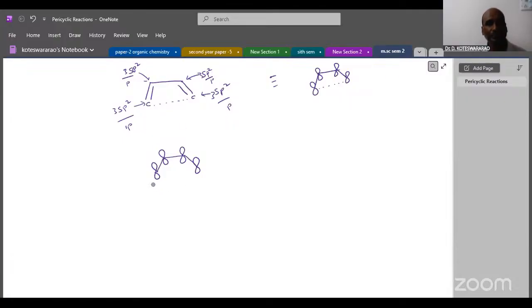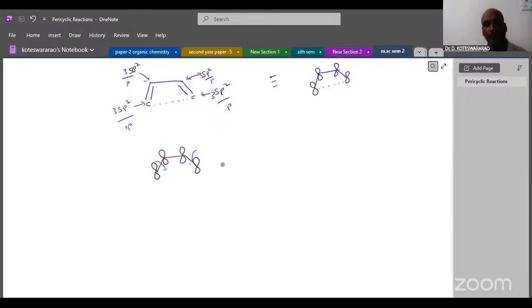For the electrocyclization, these two terminal carbons undergo overlapping. Their orbitals come closer and overlap. How does this overlapping take place? This orbital undergoes rotation. By this CC bond rotation, these two terminal carbon unhybridized p orbitals come together.